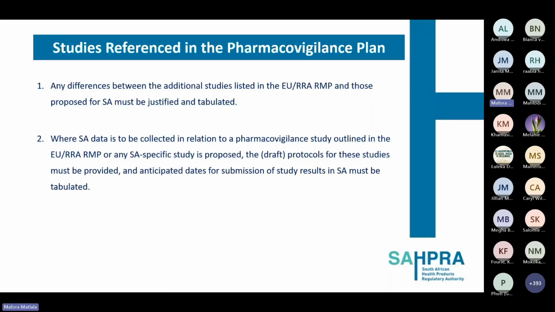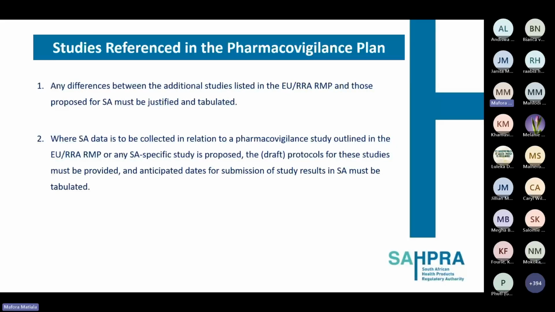Why are you deviating? That's very important for us to understand the reason why something would be more applicable elsewhere and not in South Africa, or more applicable in South Africa and not elsewhere. So justification becomes the core, the most important thing when putting the submission together if there are any differences.